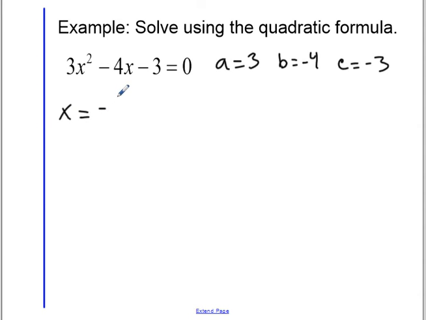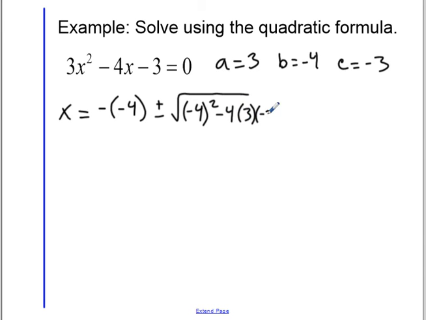Negative b, again this time a negative follows with the 4, so I have negative 4 plus or minus the square root of negative 4 squared minus 4 times a is 3 and c is negative 3. All divided by 2a, 2 times 3.